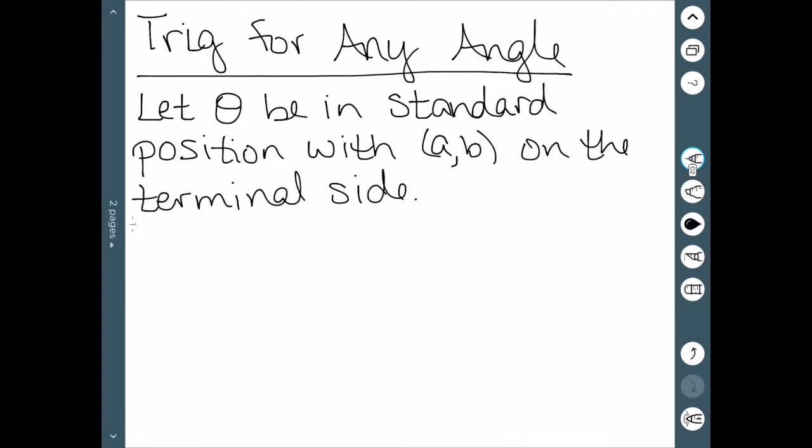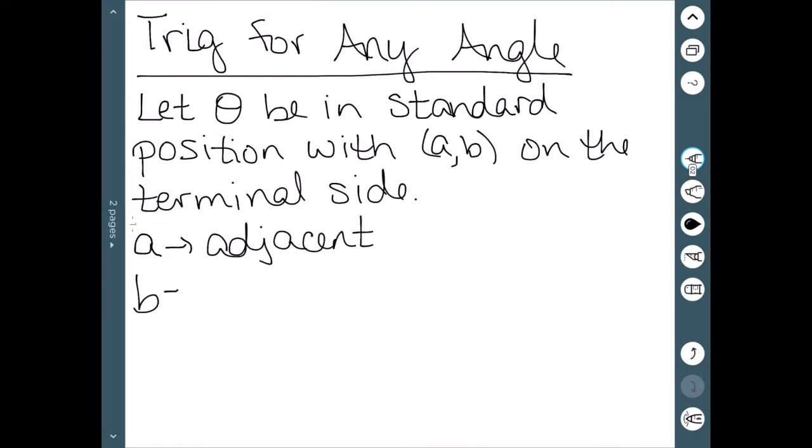We'll now consider a generic angle theta that's in standard position and has the point (a, b) somewhere on the terminal side. And the only real condition for this point is that it's not (0, 0). Any other point on that terminal side is fine and will work. In this case, a, the first coordinate, acts just like your adjacent side length.